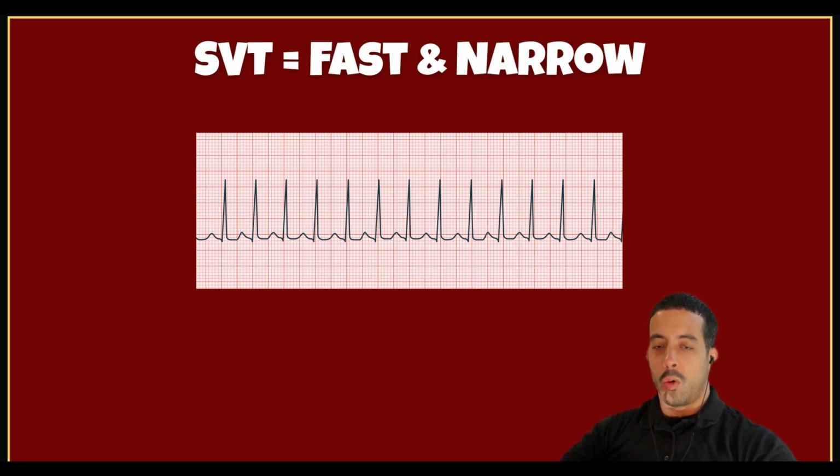And the people who suffer from SVT could be people that suffer from heart problems unbeknownst to them, and it just started with this, or it may have been triggered by some kind of drug or too much caffeine or too much stress, and they're having a panic attack, but that panic attack actually went from being a sinus tachycardia to a supraventricular tachycardia.